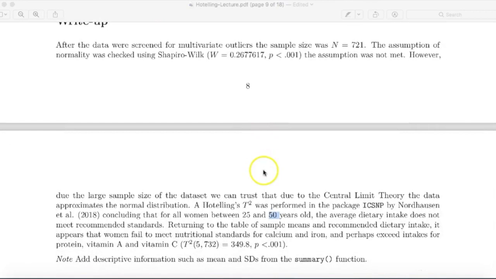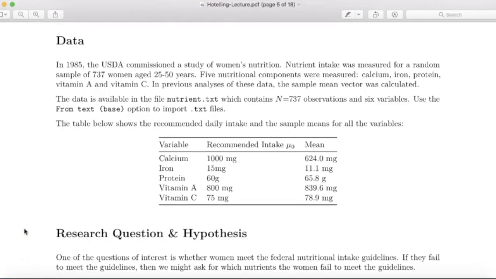Then we can go back to the table. We're going to use data from 1985 from the USDA, which commissioned a study on women's nutrition. They sampled 737 women for 5 nutritional components: calcium, iron, protein, vitamin A, and C. Not sure why this one's, I'm not a nutritionist.